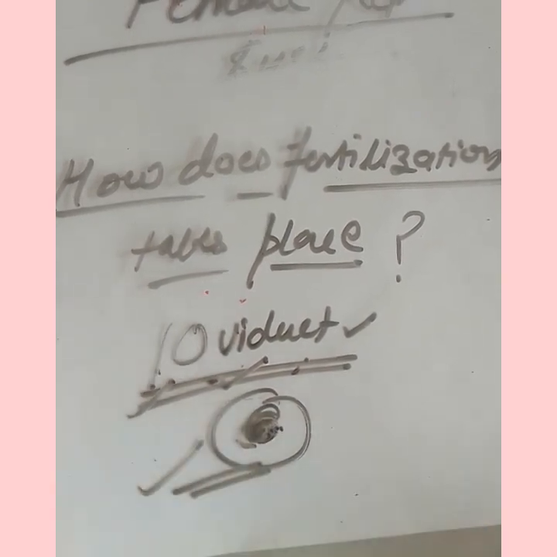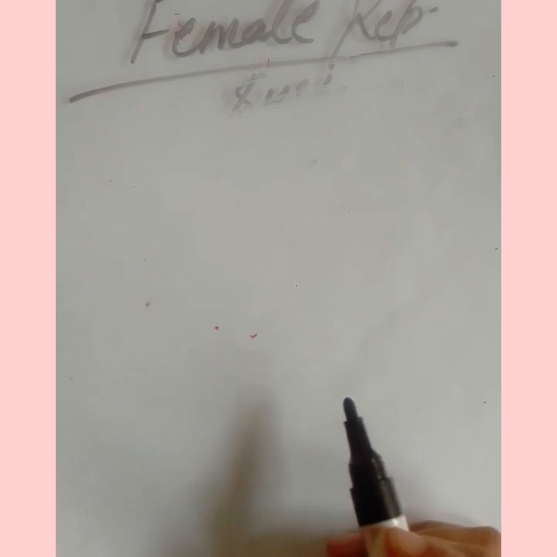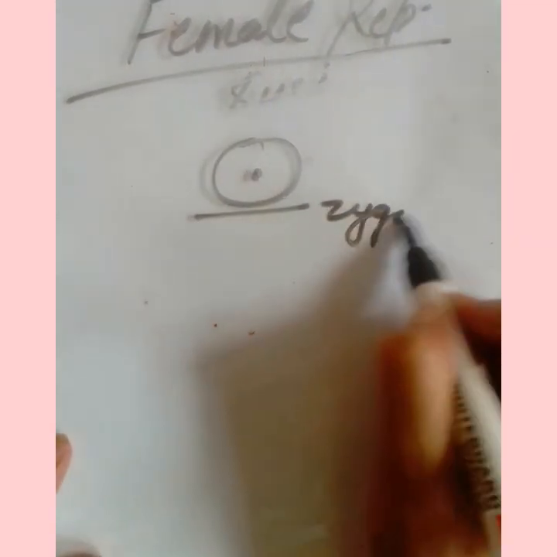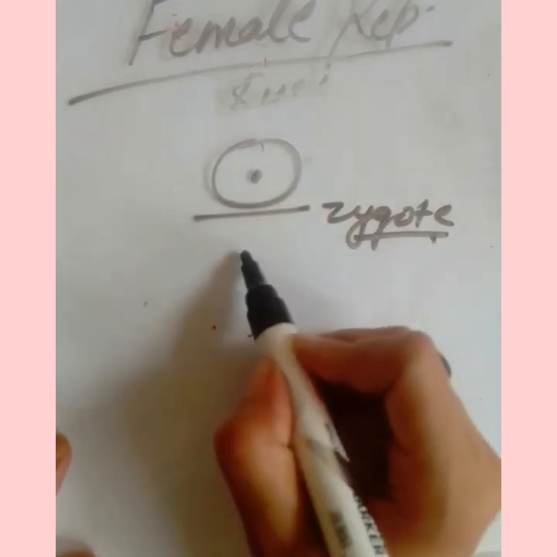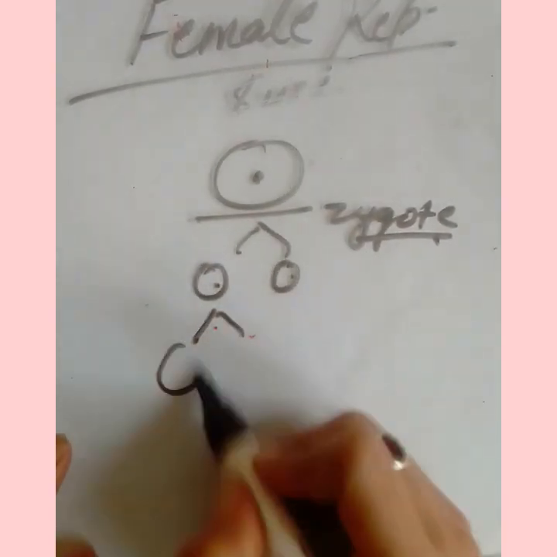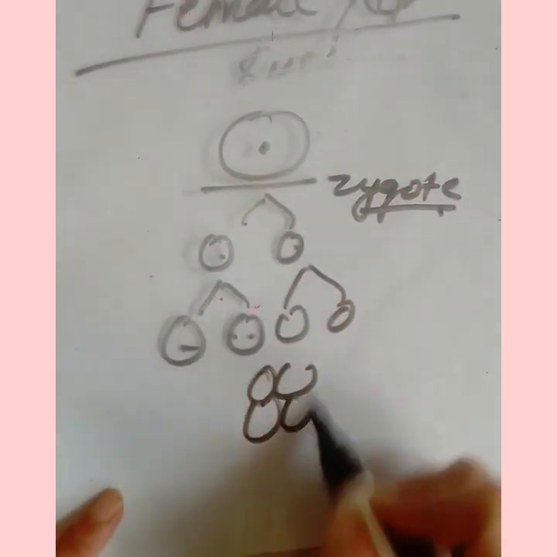Then after that there will be the development of the embryo. The zygote will start dividing into cells. For example, it will divide into 2 cells, then 4 cells. In this way a group of cells will be formed.